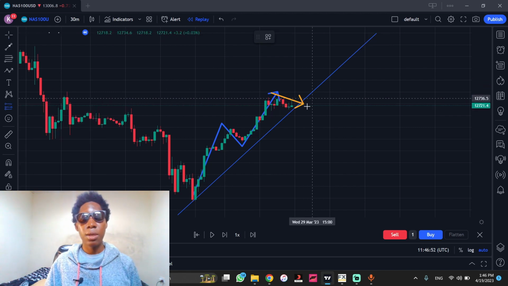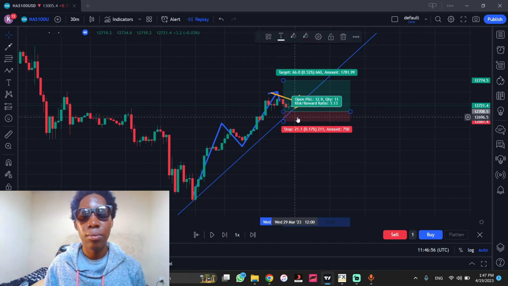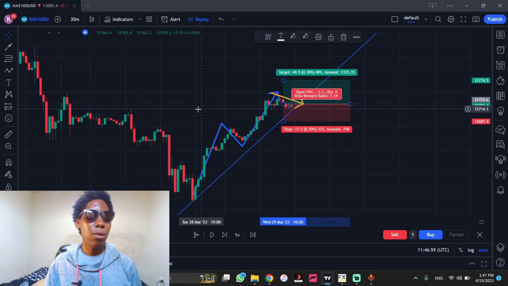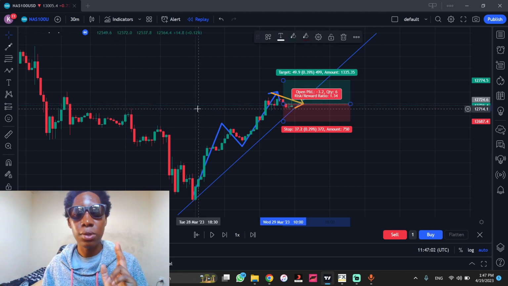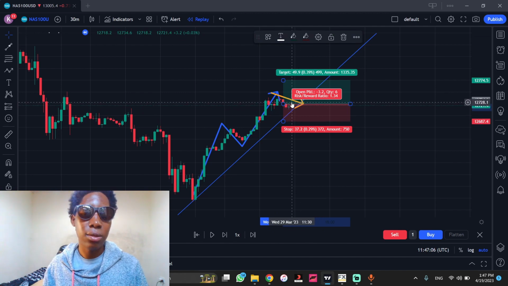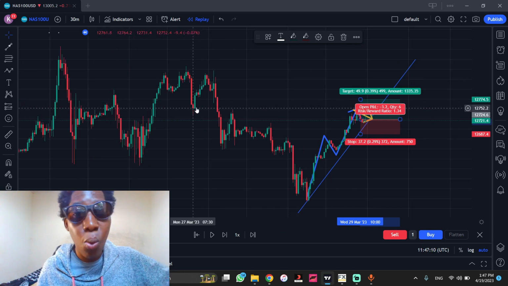My stop loss was simply below the line that touches the trend line. I don't know if what I'm talking about is making sense, but that's all I did.